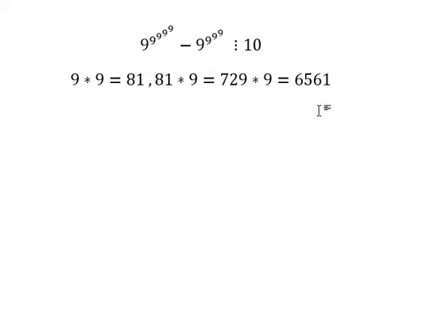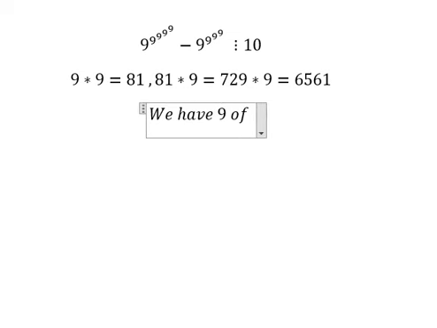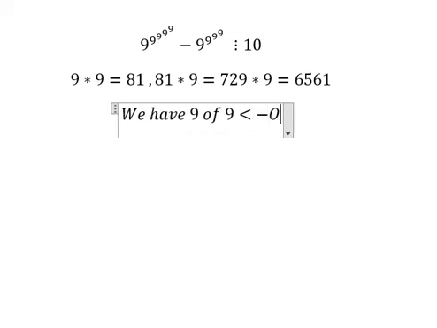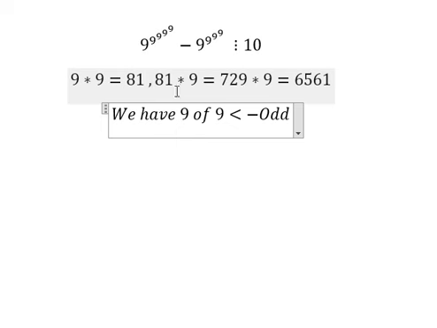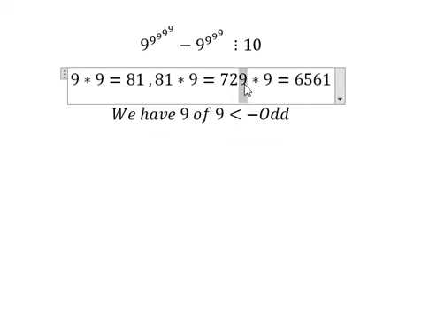So when we go back, we see that 9 to the power of 9 means we have nine 9s. So this is odd. That means with three 9s, you get the last digit 9.